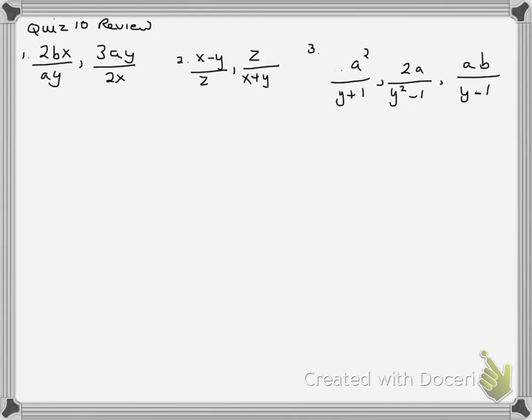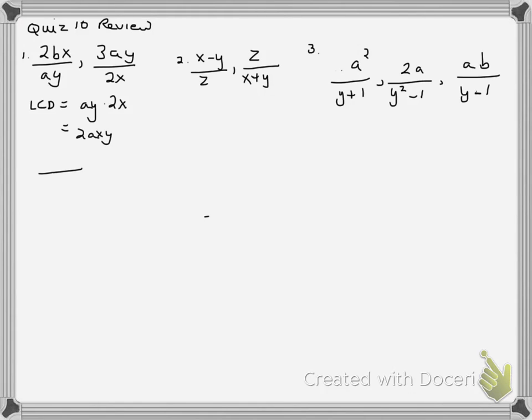Okay, the first 3, you're asked to just write equivalent fractions with the same denominator. So my least common denominator here would be multiplying everything by the first one times everything by the second one. Might be easier to rewrite this as 2axy. Either way.